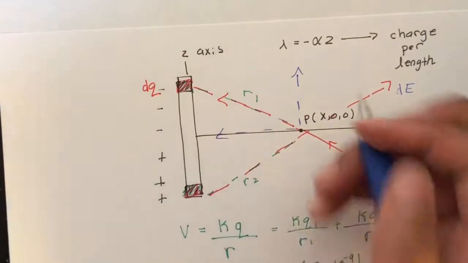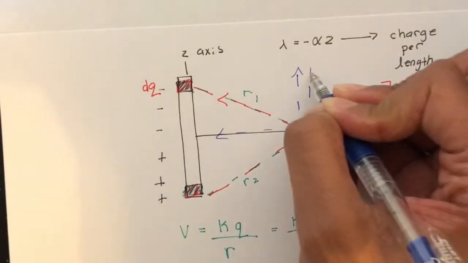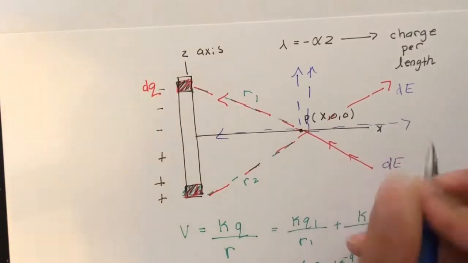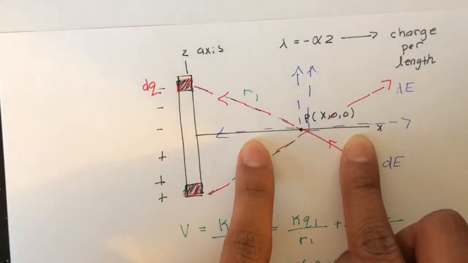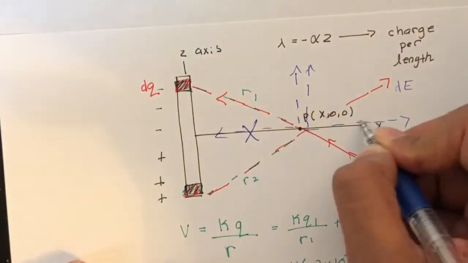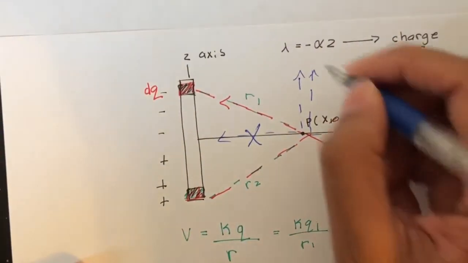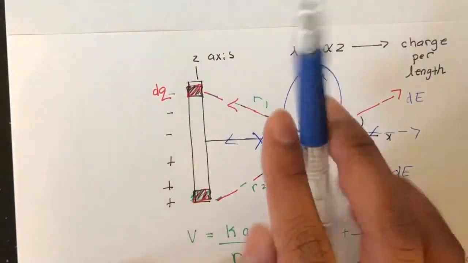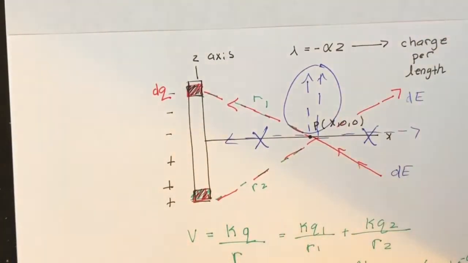That's for this, and then for this line. So we see that these are both equal and opposite, so they would just cancel out, while these would add up in the z direction, the positive z direction.